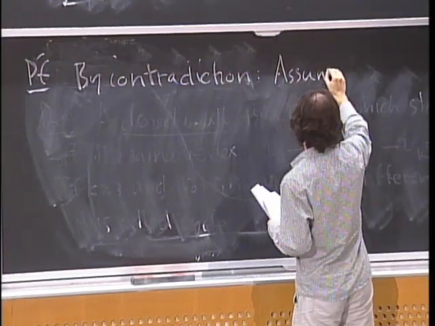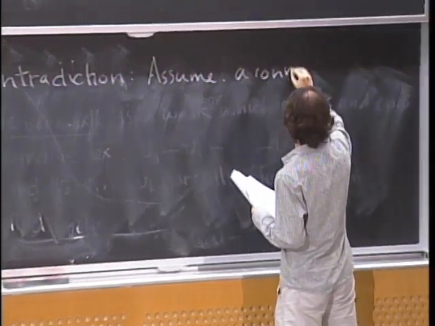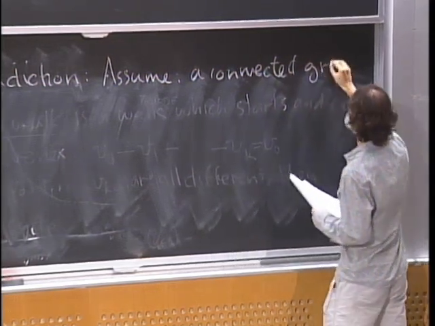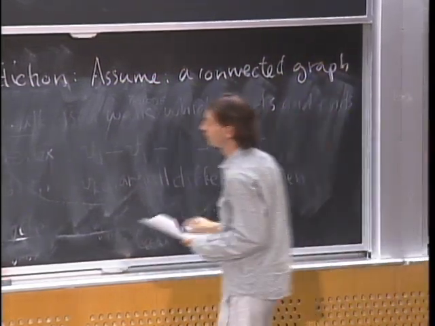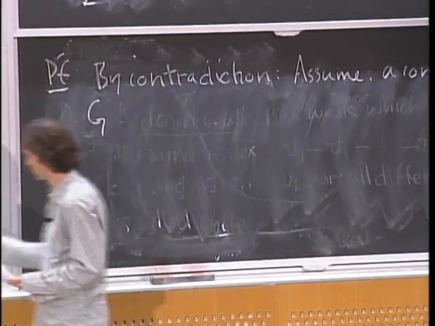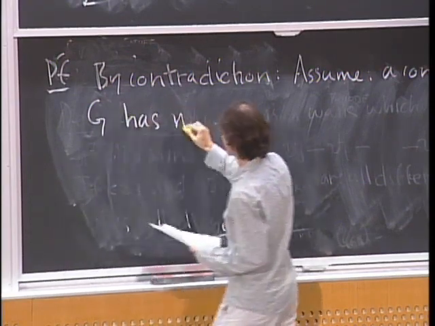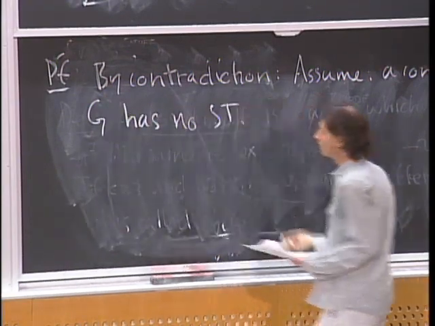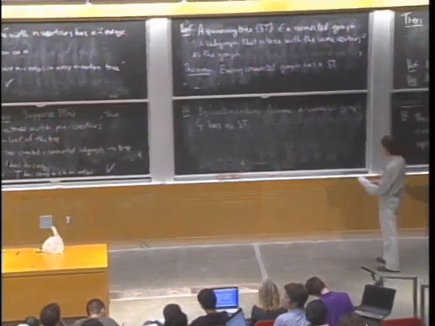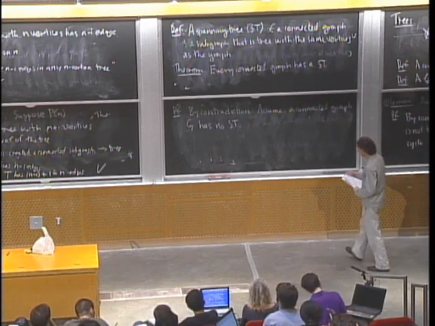So assume that we have a connected graph G that has no spanning tree. So how can we use this? What can we do here?